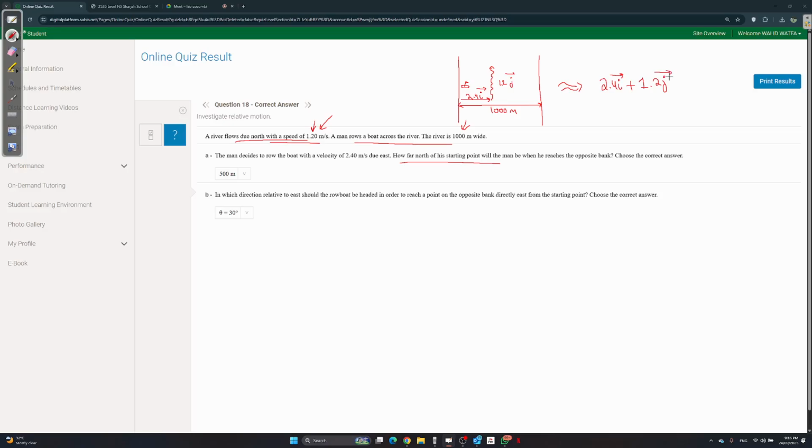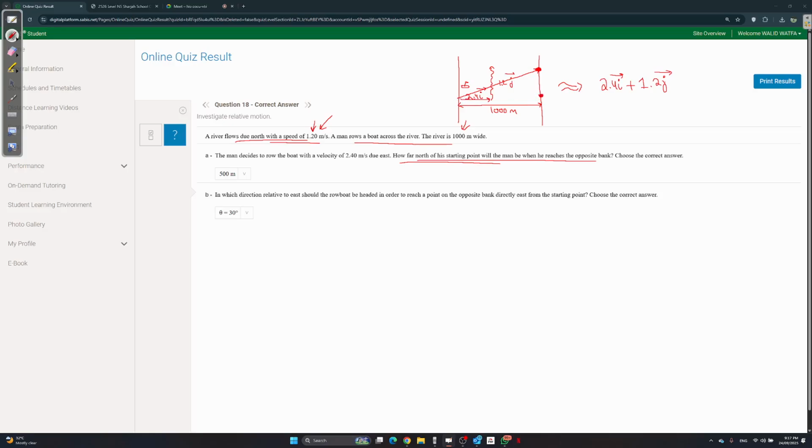Right? Let's take a look. Is he going to go directly east? No. Since he has some j component, that means he's going to go like this. He's going to end up here instead of ending up here.